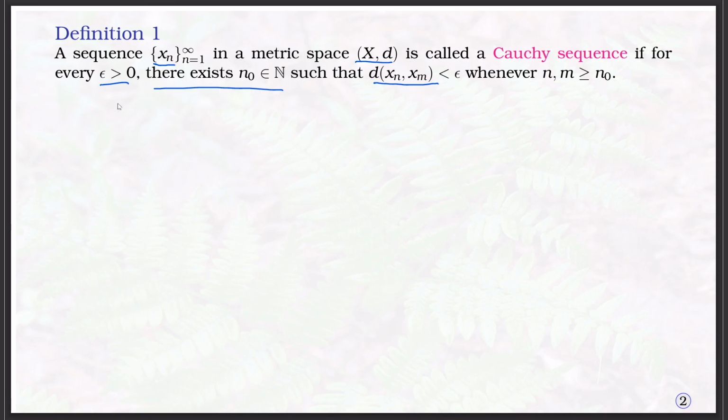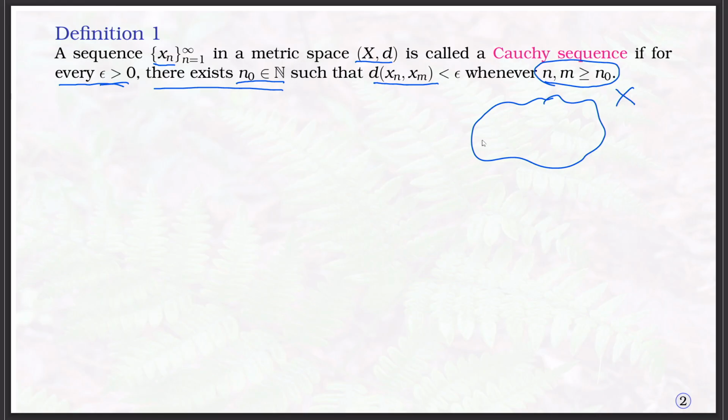So, here you can observe that for every epsilon greater than 0, there exists a stage n naught such that after the stage n naught, if you are finding the distance between 2 points, then it is always less than epsilon.